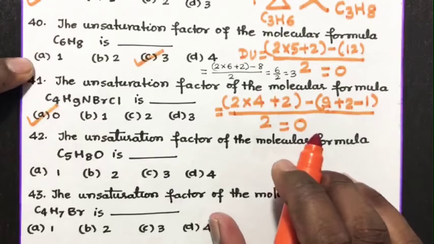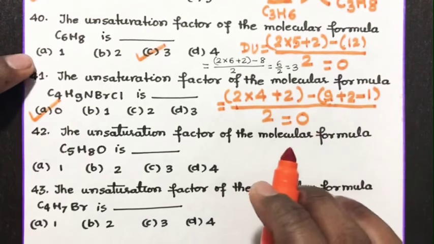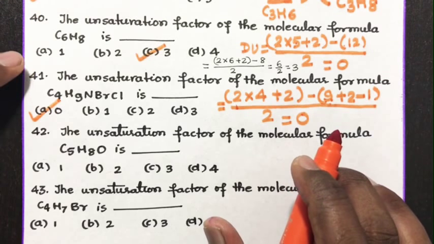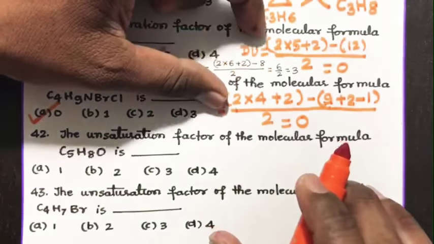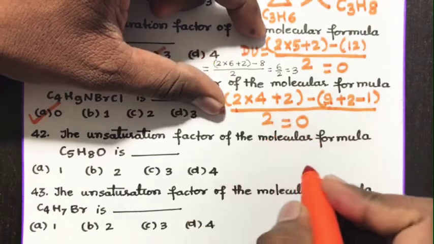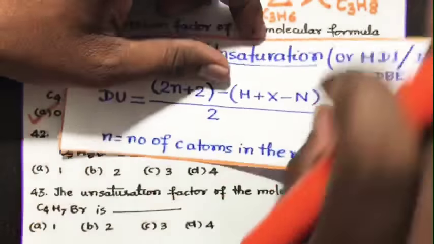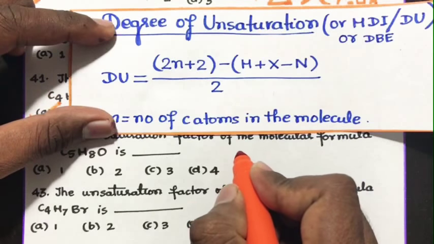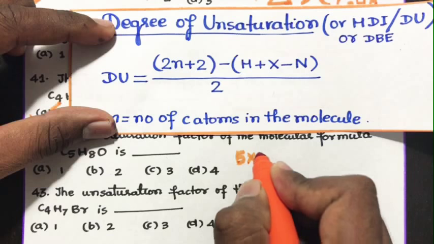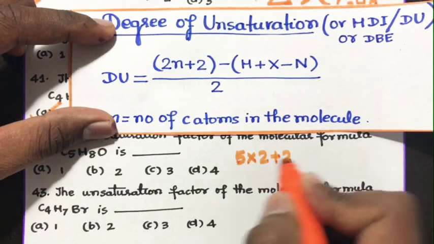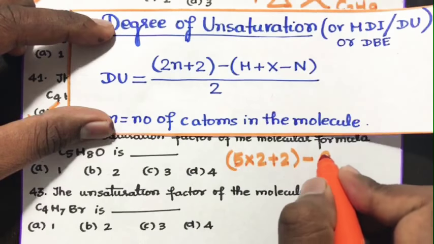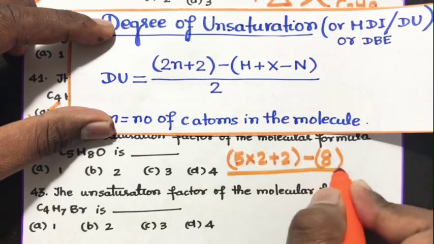Now coming to question number 42. Unsaturation factor of the molecular formula C5H8O. Again we use the same basic formula here, that is 2n plus 2. So carbon atoms is 5, into 2 plus 2, minus number of hydrogen atoms, that is 8, divided by 2.